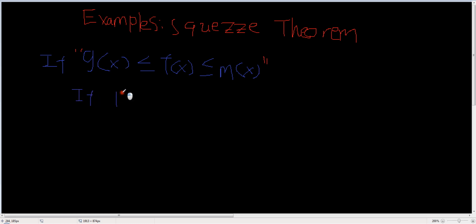If that statement is satisfied already, if the limit as x approaches a of g of x is equal to m of x, that means we have a limit where x is approaching a, g of a is equal to m of a.